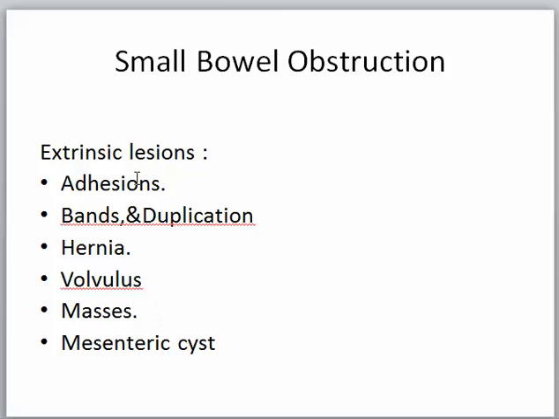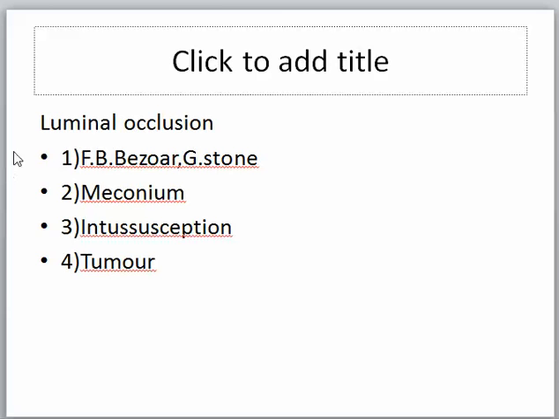So these are extrinsic lesions from outside. The most important are the adhesions and hernias and volvulus. It could be luminal, and the most important is the bezoar, and then intussusception. Lastly, tumors.